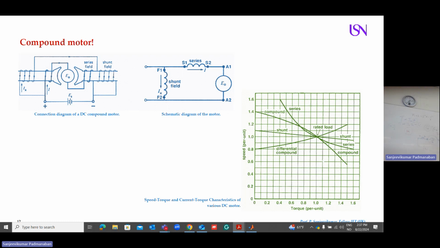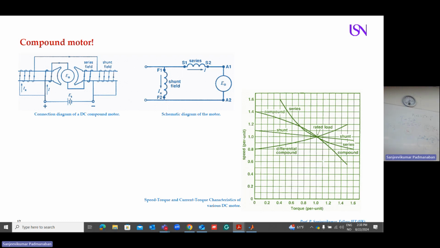Even if you increase the load to 1.6, that's why your shunt motor is a constant speed, constant torque motor. Whereas your series motor is a high torque, high speed motor. It's clear to you? And compound motor is high start speed with gradually reducing speed. Whereas your differential compound motor, as your load increases, speed also increases.